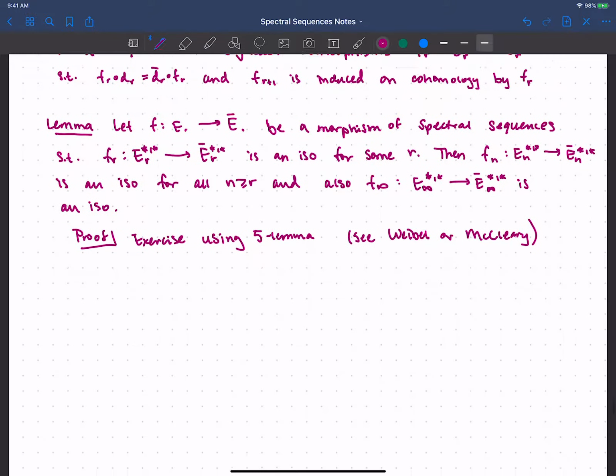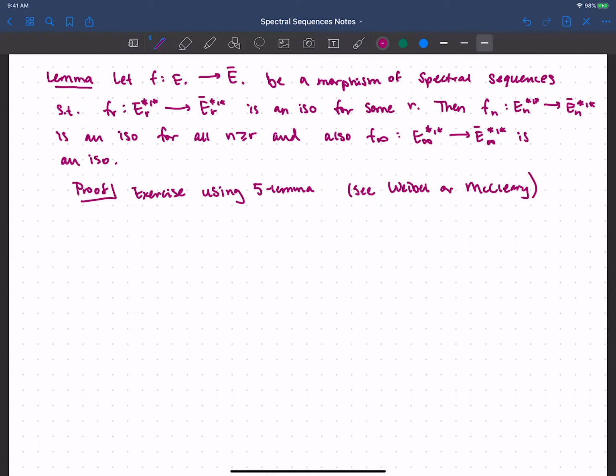Well, maybe a good example is that if we have some map of spaces, say this is a map of CW complexes, then this is going to induce a map of spectral sequences.